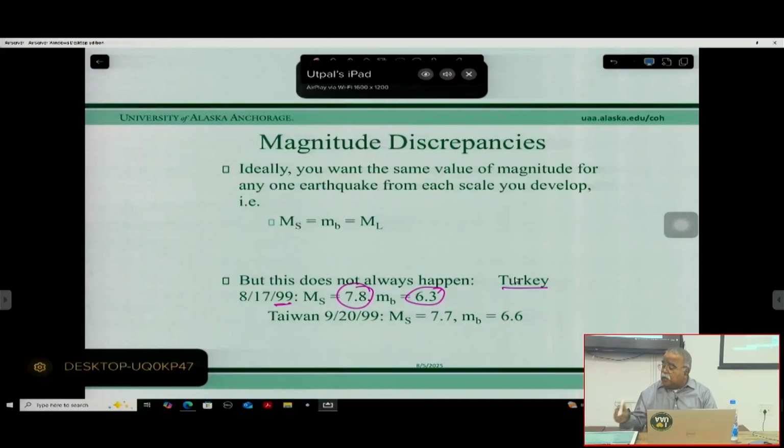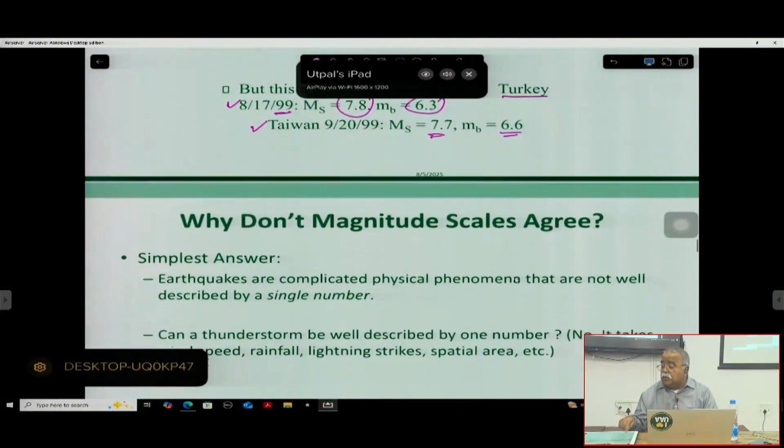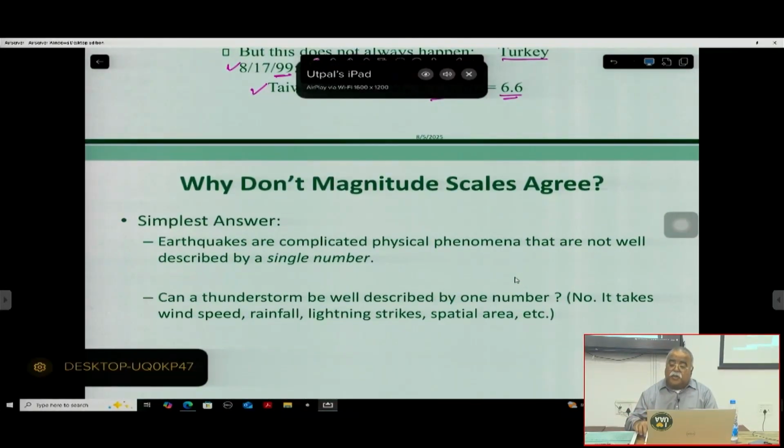And from the 1999 Taiwan earthquake, we also have MS equals 7.7, MB equals 6.6. So this says that MB and MS, whatever we have learned so far, although we can report them, will not be the same.